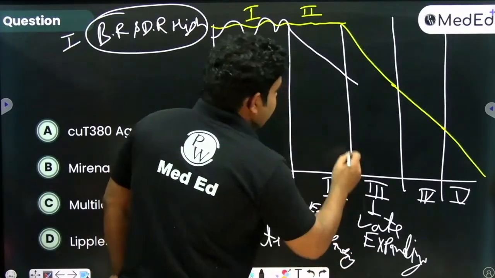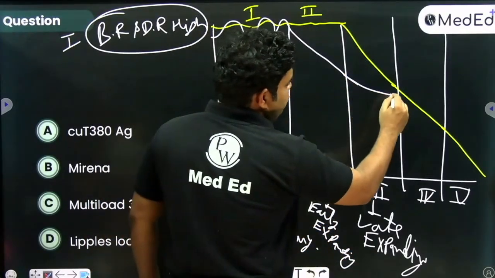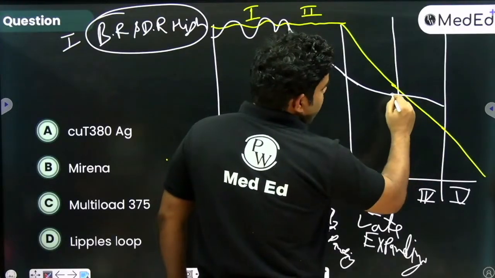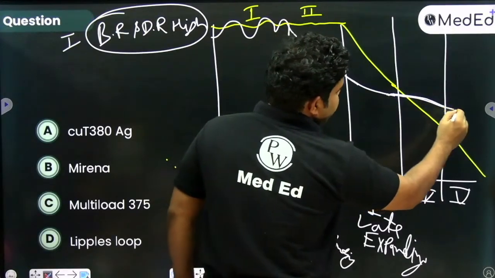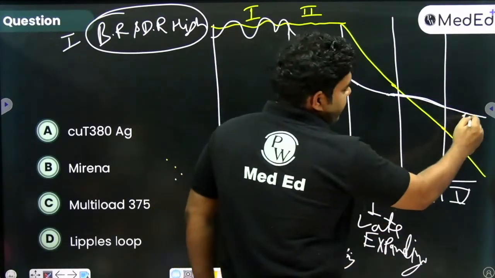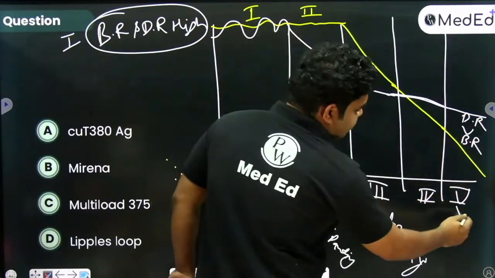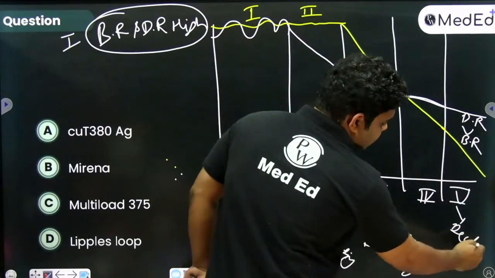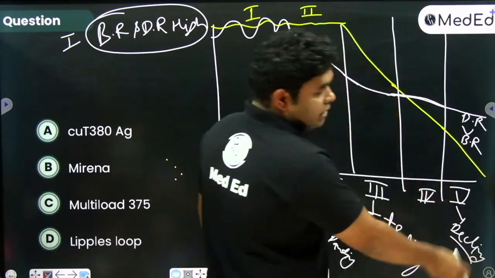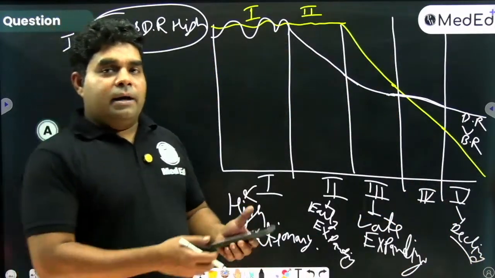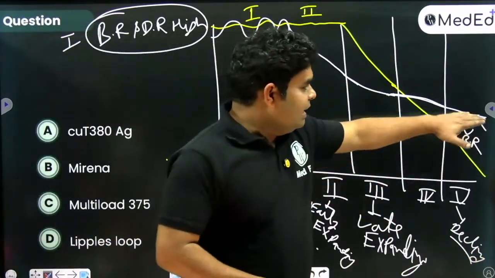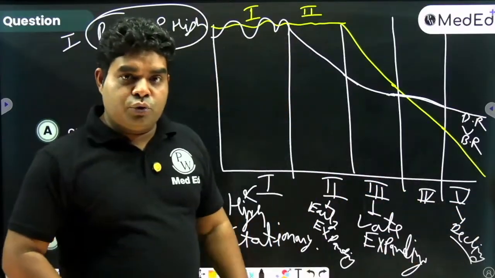Then in the third phase it decreases, in the fourth phase death rate becomes low, and in the fifth phase you can see death rate becomes more than birth rate. So that is why the fifth phase is known as declining, in which China entered in the last 2 years. China's births were less than deaths, so China was also declining in the last 2 years.